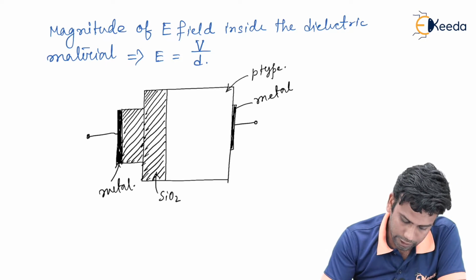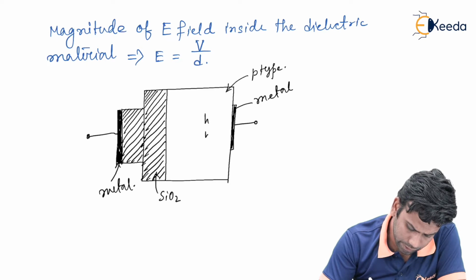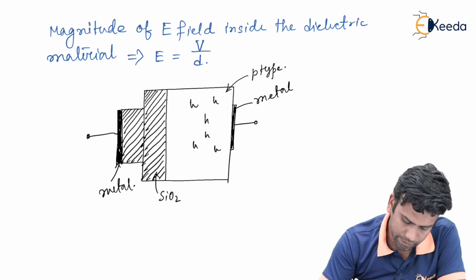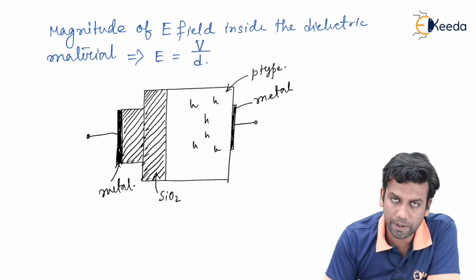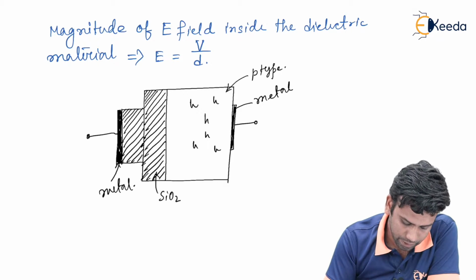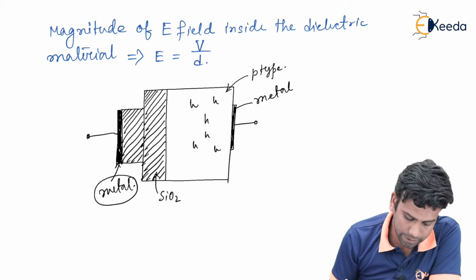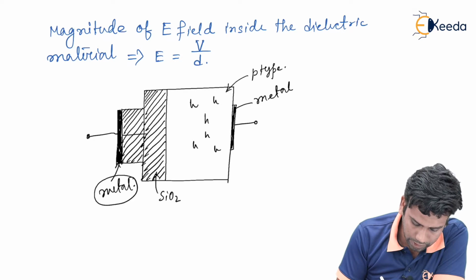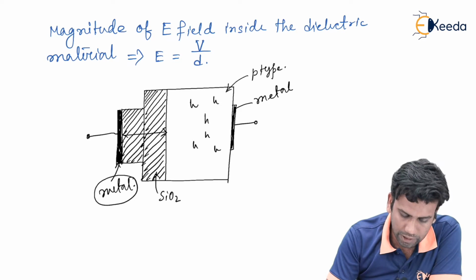Now this p-type substrate, where there are so many holes inside, along with the metal will serve as one metal plate, and this metal connection will serve as the other metal plate, and in between, the silicon dioxide will serve as a dielectric material.